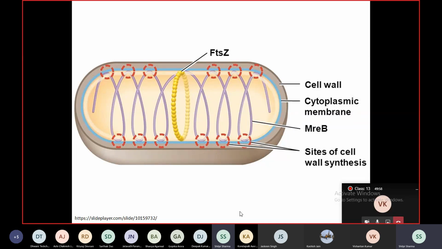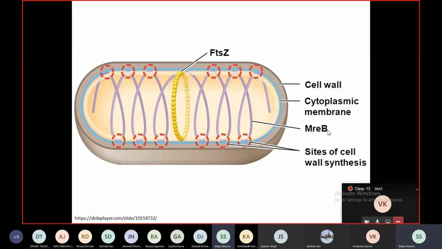MreB is a bacterial protein which I said is analogous to actin found in the eukaryotic cell. Almost all the non-spherical bacteria rely on MreB to determine their shape. MreB polymerizes to form a helical network of this sort just under the cytoplasmic membrane, covering the entire length.